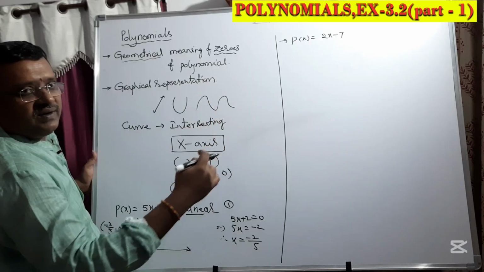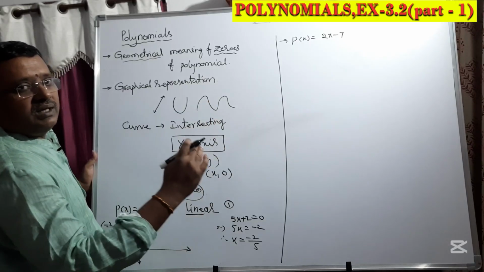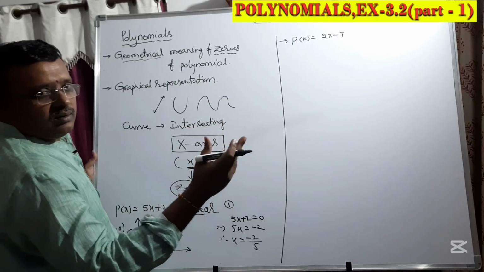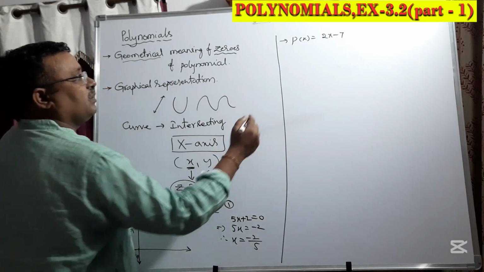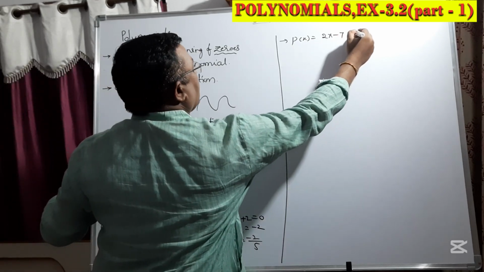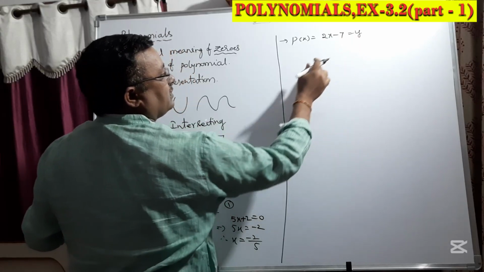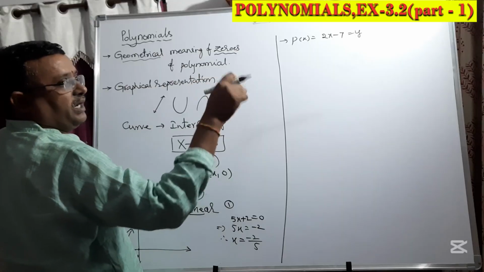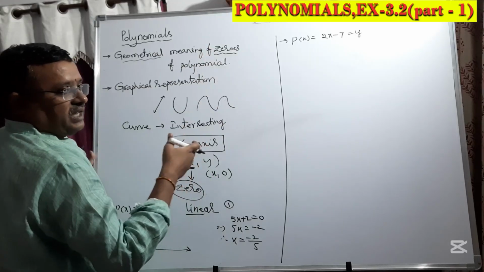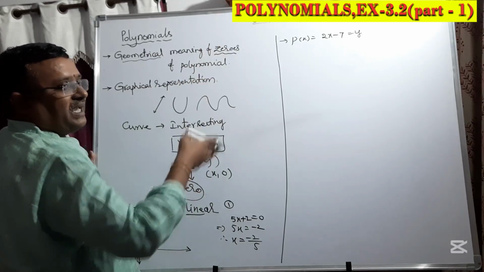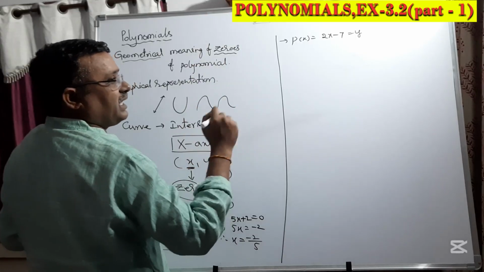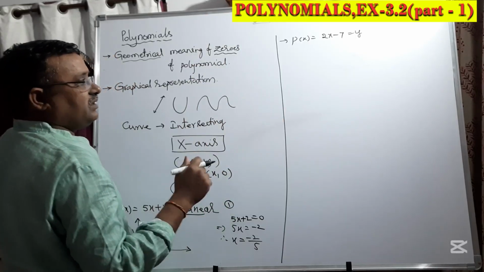By changing different x values, you will get different p(x) values, which are called y values. This will be taken as y. If you plot all those points, you will get a straight line. Automatically, by extension, it will intersect the x-axis somewhere. You know where it will be?